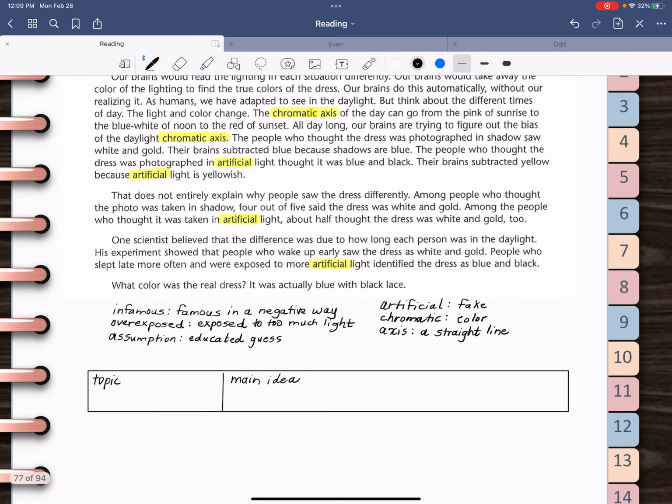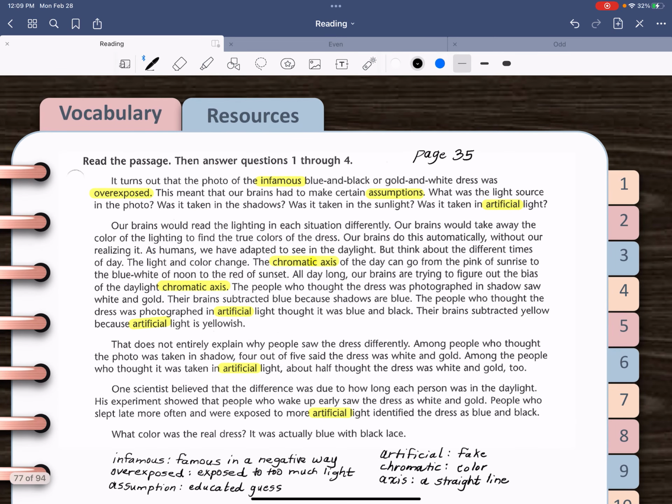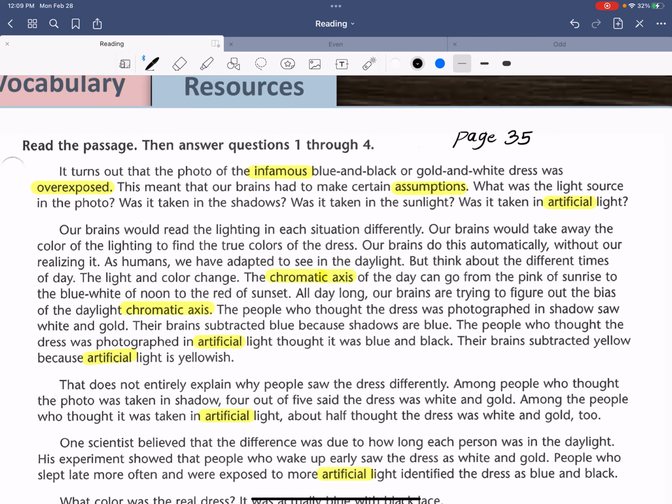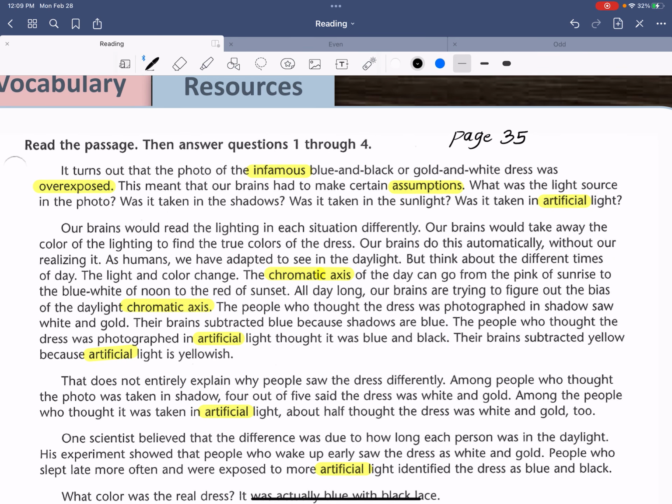I'm going to come up here to this first paragraph where we're talking about the blue, black, gold, white dress. Our brain has to make assumptions. What was the light source of the photo? Was it in the shadow, sunlight, or artificial light?